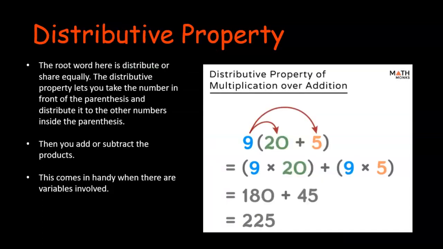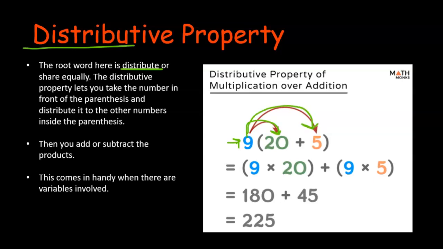Now the distributive property, we've worked on this before. Remember the root word here is distribute, or share equally. Okay, remember we talked about Grandma comes to the door and she's got a bag of cookies and she's gonna share those cookies for everybody in the house, in the parentheses.